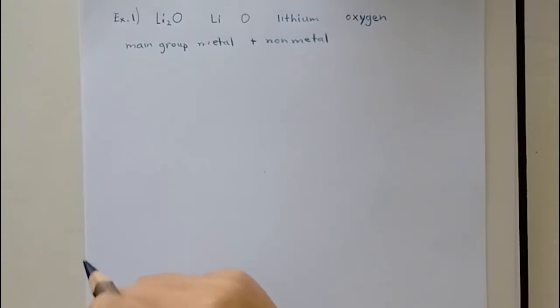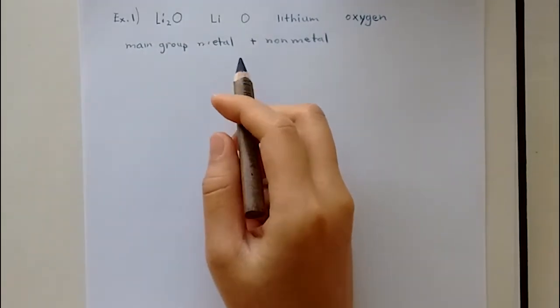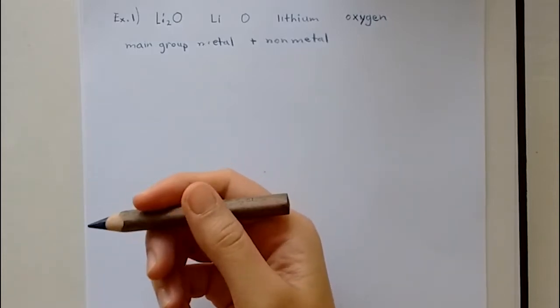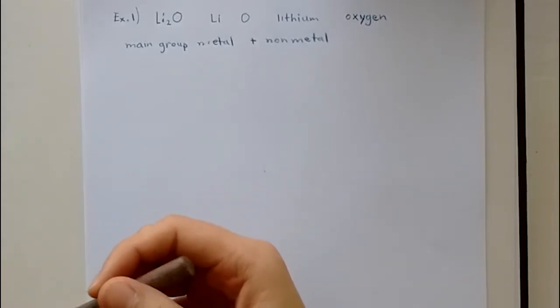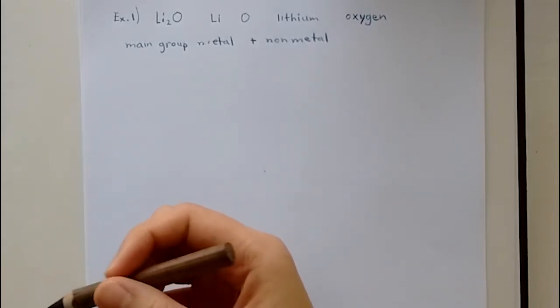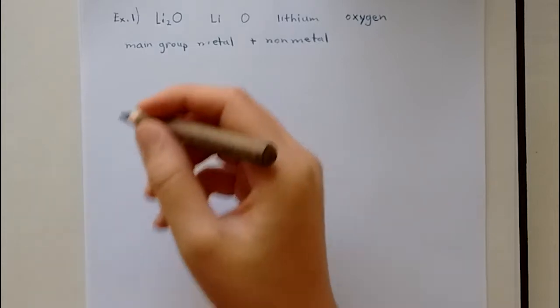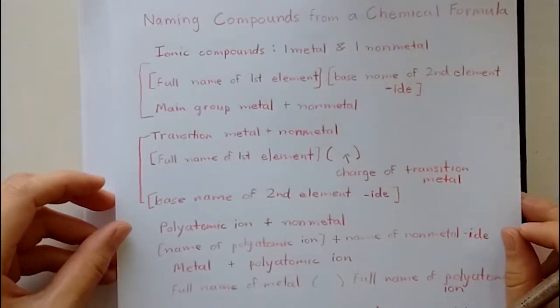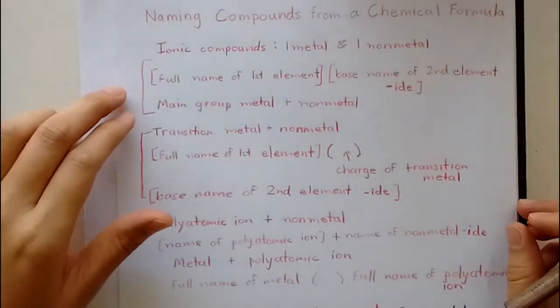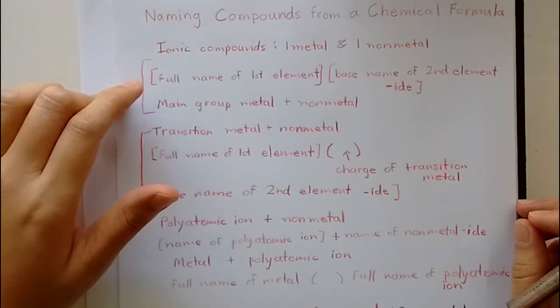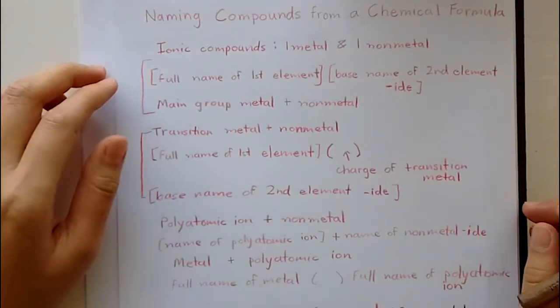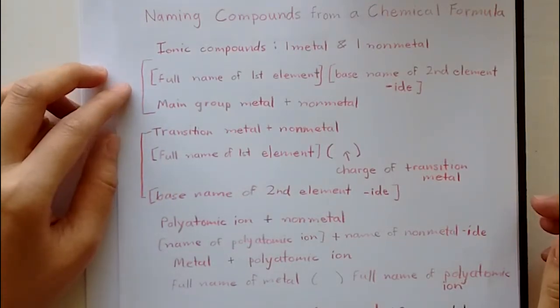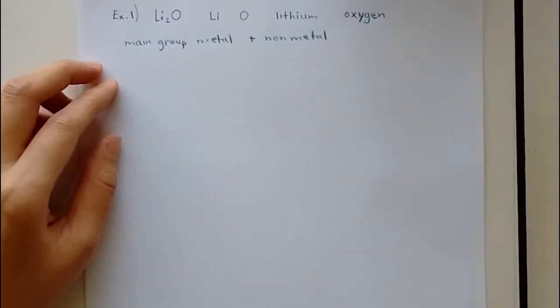So what type of compound would this be? Would it be covalent or would it be ionic? It would be ionic, and from earlier, we have to name the full name of the first element plus the base name of the second element with the ending "-ide".